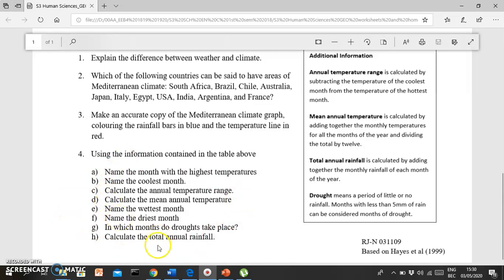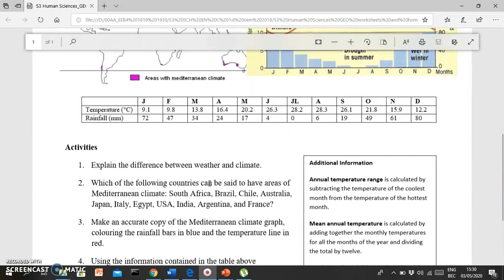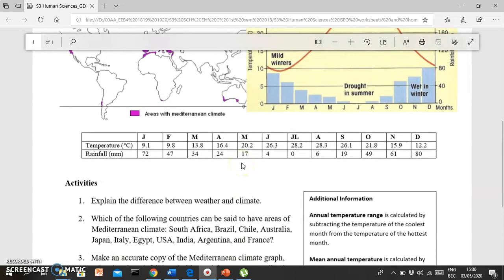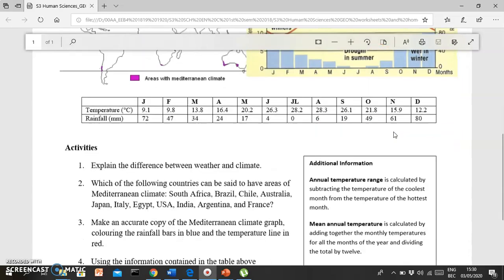There's going to be a separate quiz that's linked to this, and you'll have to deal with these questions using these figures, these numbers, and this graph. That's what you need to do.